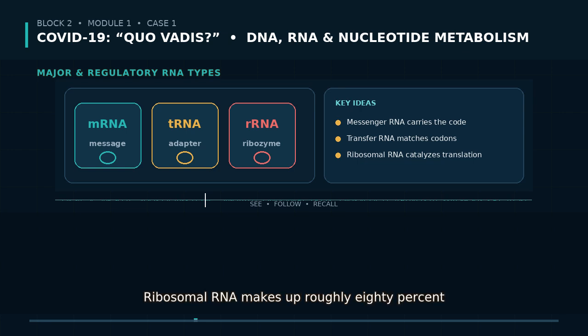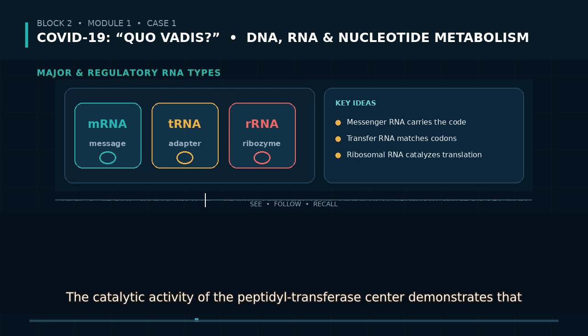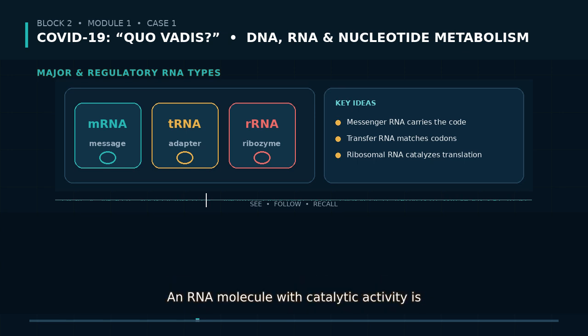Its 5' end carries a cap made from 7-methylguanosine connected through an unusual 5' to 5' triphosphate linkage. Its 3' end usually carries a poly-A tail, which is a long sequence of adenine nucleotides. The cap and tail help protect the messenger RNA, support nuclear export, influence translation, and participate in regulation of messenger RNA stability.